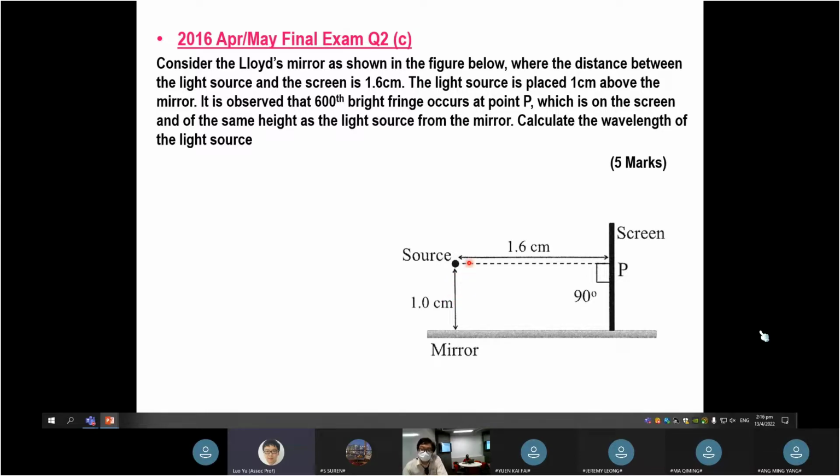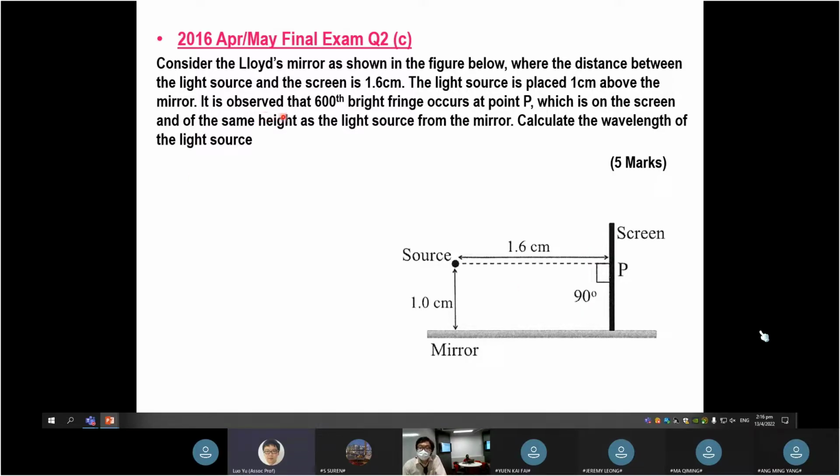So because of the existence of the mirror, the interference pattern will be formed by light directly incident on the screen and the light reflected from this mirror. Okay, because we have reflected light interfering with light that was not reflected, so we also have two light rays. They will form a series of bright and dark fringes on the screen.